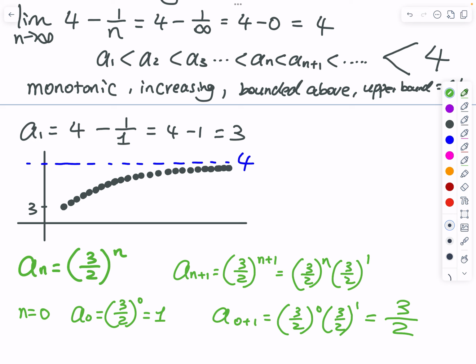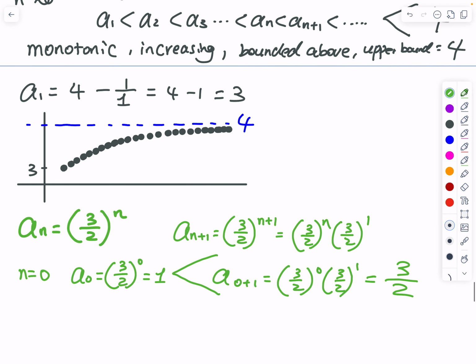And then I can see that the next term is greater than the previous term. So I can say A1 less than A2 less than A3, and keep on going, AN, and then less than AN plus 1.